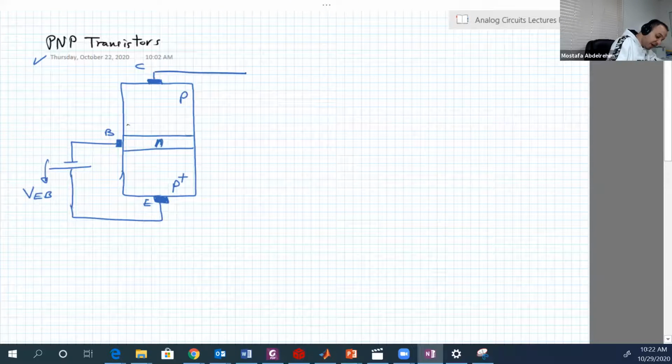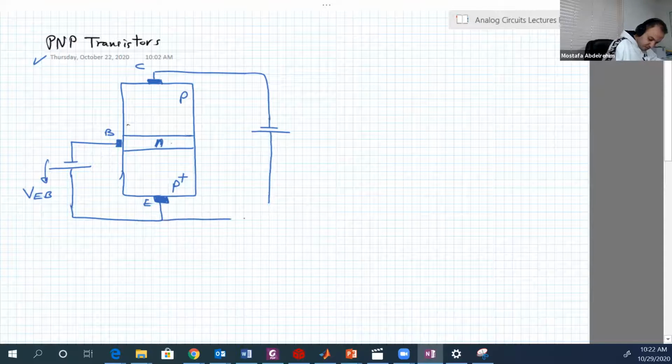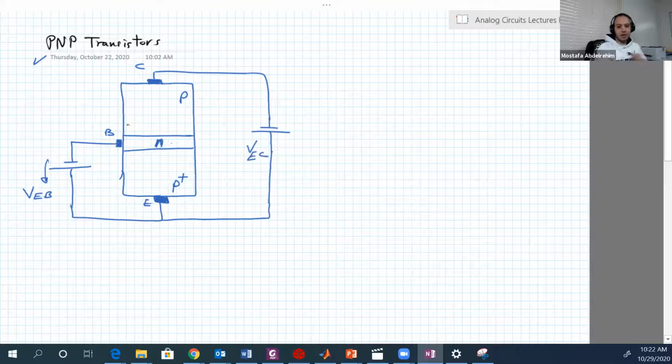And again, to make the junction between N and P, base and collector, reverse, we connect another battery here, which we can call VEC, and it should be larger than VEB, so that junction 2, J2, here is in reverse.